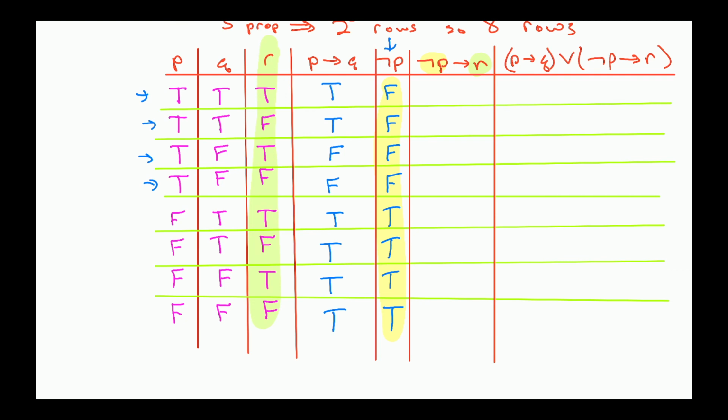Let's do it. So this is false. False implies true. False implies true is true. False implies false, true. False implies true, true. Remember, true, false is the only time that you get false. False implies false, true.